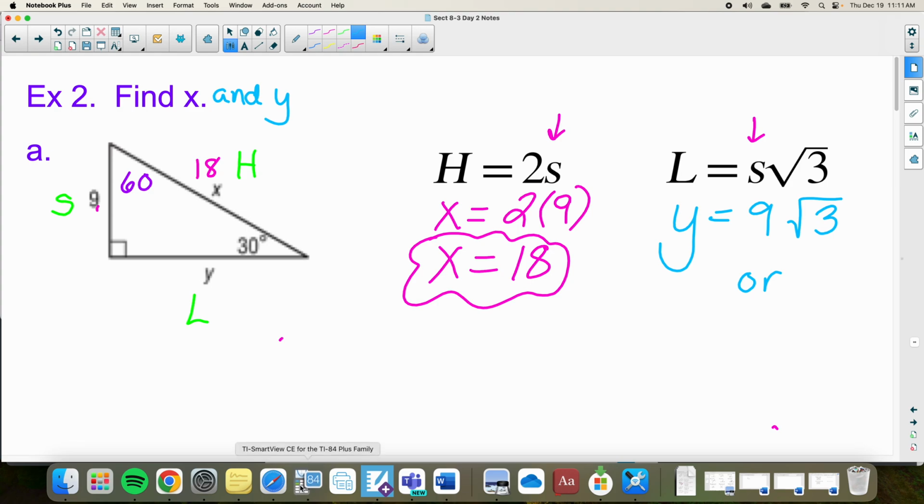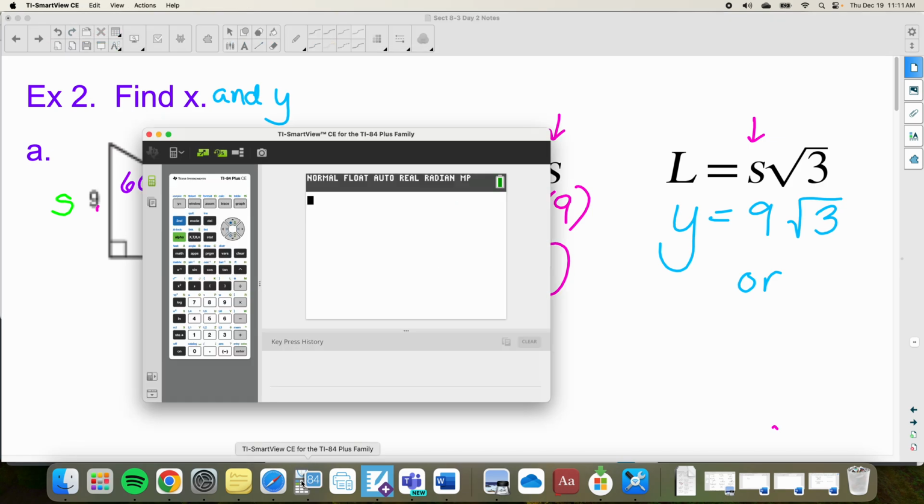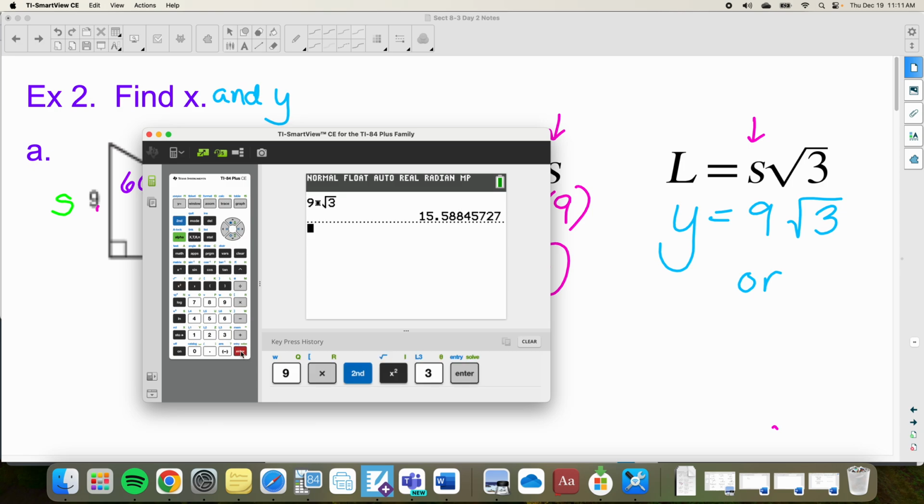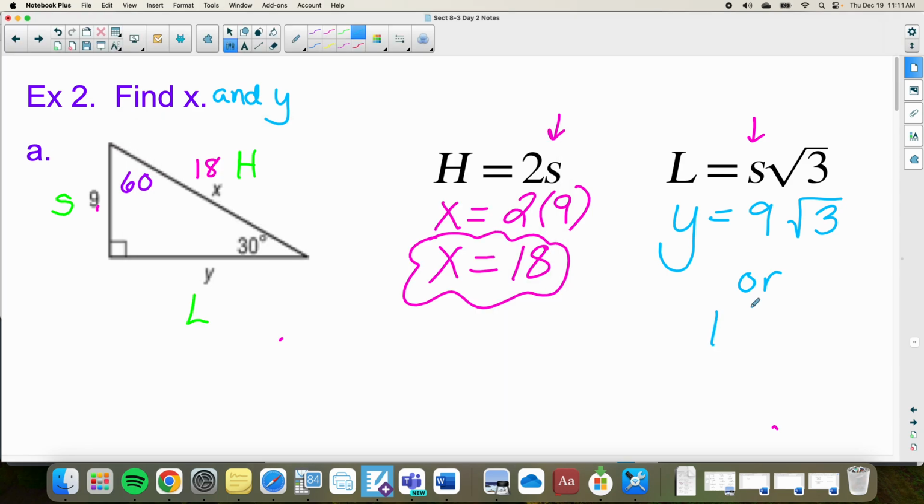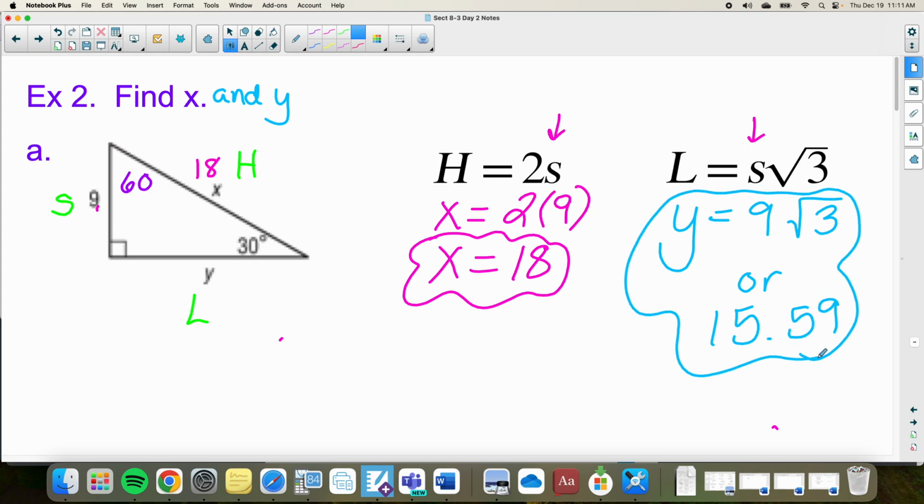If you don't want to leave it like that, then you just go to your calculator and go 9 times the square root of 3, and that is 15.59. I don't care which way you do it, that's up to you, okay?